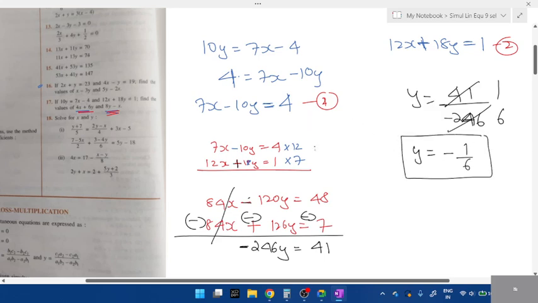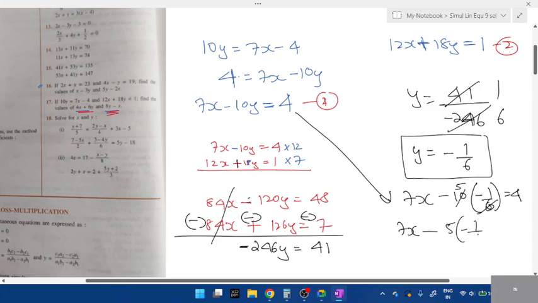So let me take the first equation, this one. 7x minus, if I reduce, you get 5. 2 goes 3 times, not 4 times, right?